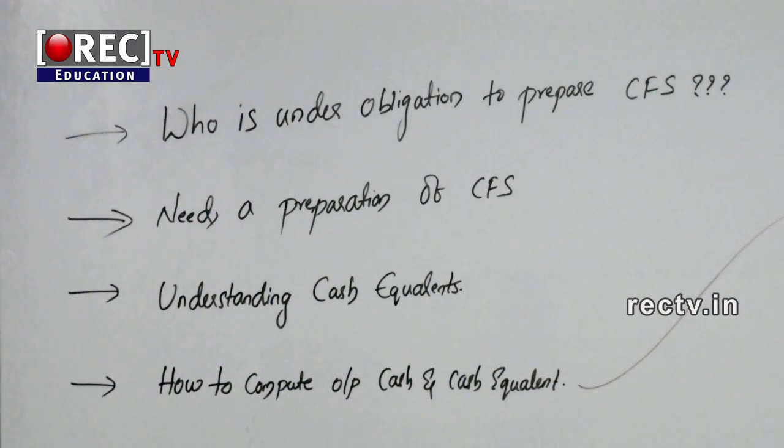Note that as per clause 49 of the listing agreement, all listed companies should prepare CFS. In case CFS is prepared, it has to be as per the norms of AS 3 issued by the ICAI. When an auditor expresses his opinion on the financial statements, he is expressing an opinion even on CFS, as CFS is an annexure of the financial statements.